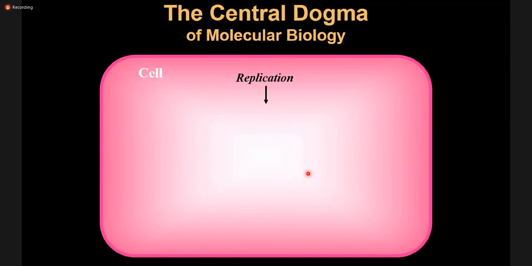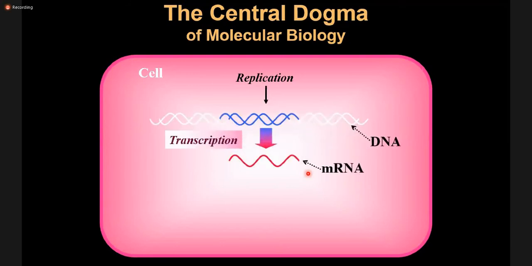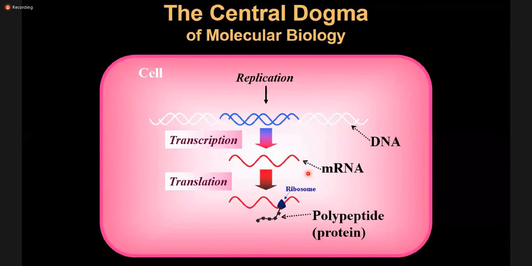They are replication, transcription, and translation. So the central dogma of molecular biology states that the genetic information is transferred from the DNA to the RNA and then the formation of proteins.